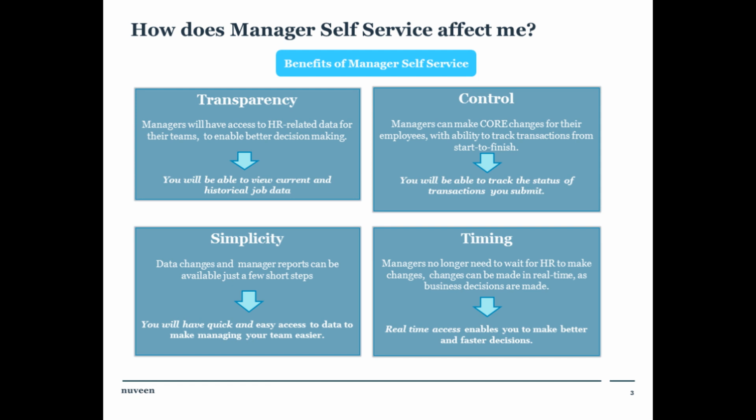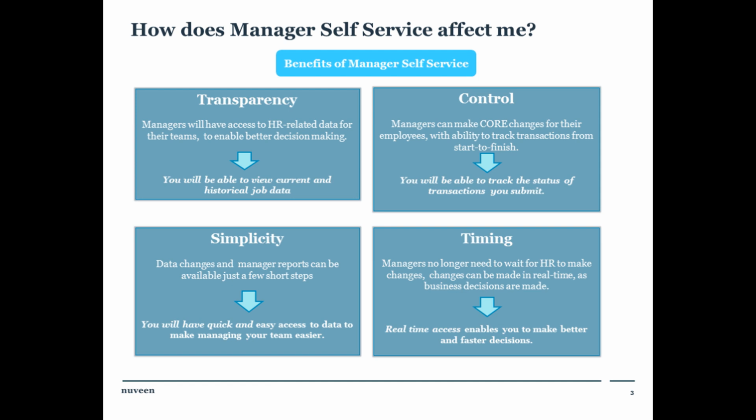So how does Manager Self-Service affect you as a manager? We know what it is, but let's talk about some of the key benefits. The first is transparency that you see here on the upper left-hand corner of the screen. As a manager, you're going to have access to HR-related data for your team. And who do we define as your team? That's any employee that is in your manager reporting relationship.